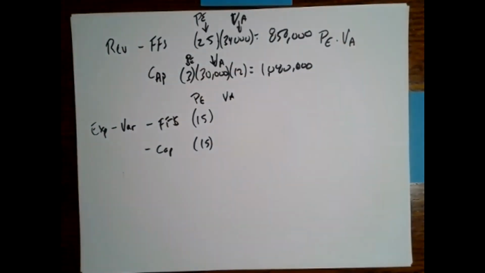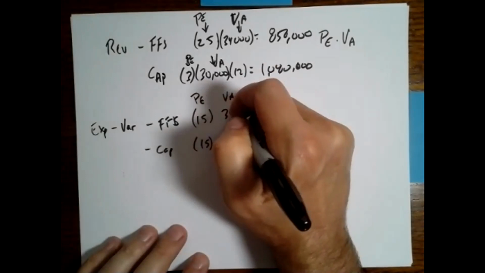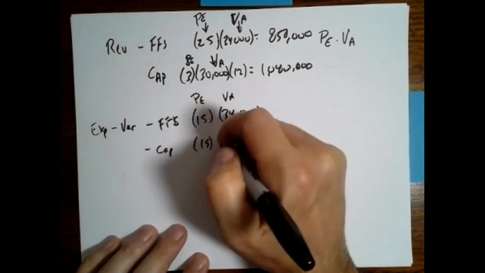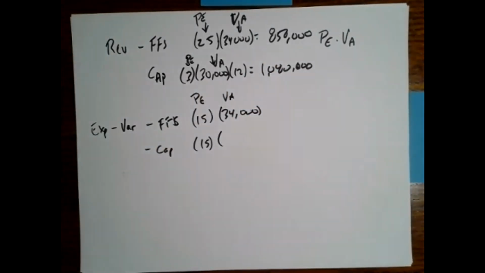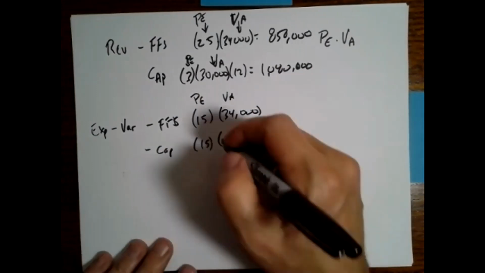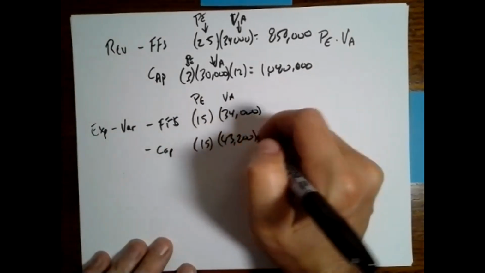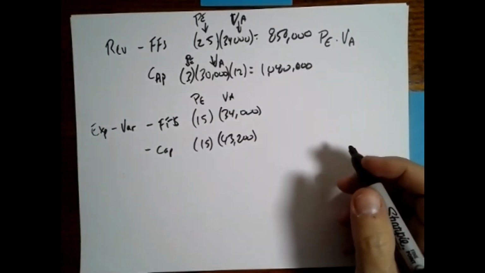So we go back to the problem and go to the table in 8.4, down to volume. In section 1 of the table in problem 8.4, on page 298, you can see that we actually had 34,000 fee-for-service visits, and then a little further down, 43,200 visits for our capitated patients.